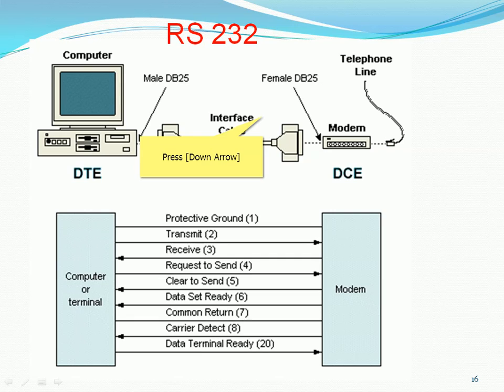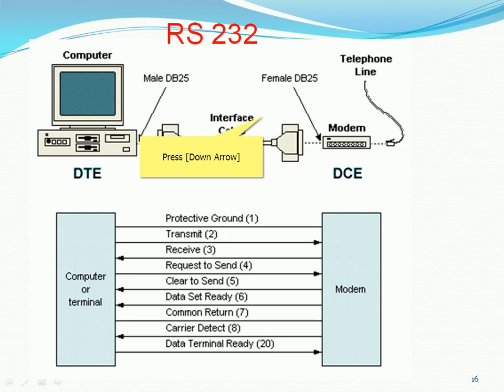On one side there are pins. These pins will be protective ground, transmit, receive, right? Then we have request to send. The request to send signal will go to the modem. Then clear to send, and data set ready. Data set ready goes from the modem. Then common return.